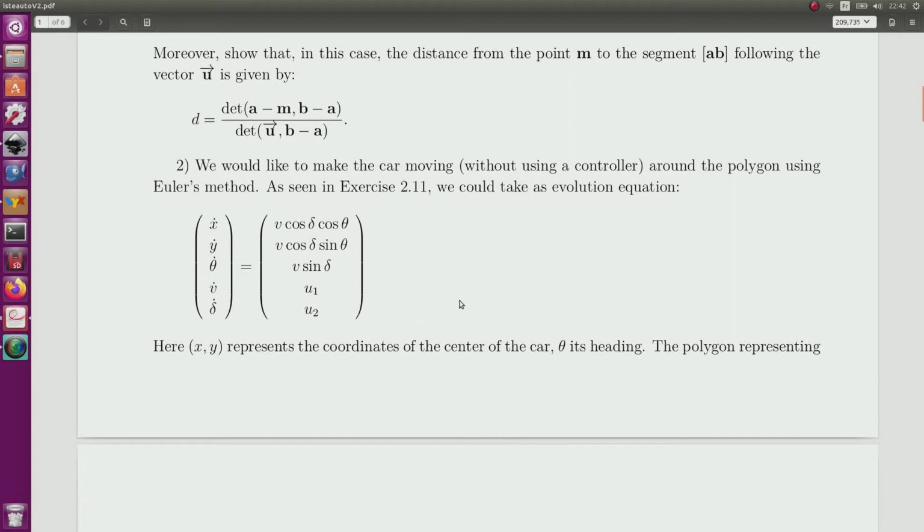Question number 2. We have to make the car move, not without any regulator, but first moving around the polygon and taking some measurements of the distance. Later, these measurements will be used by the regulator to control the car. So we have a state equation where x, y, theta, v, delta correspond to the state variables, and u1, u2 correspond to the control.